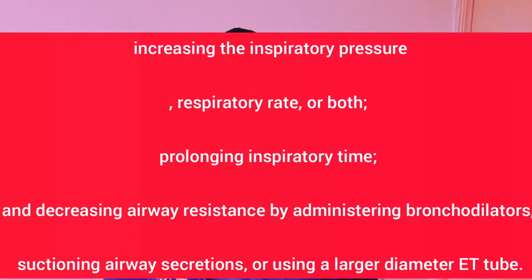In pressure control mode ventilation, interventions to improve ventilation include increasing the inspiratory pressure, respiratory rate, or both, prolonging inspiratory time, and decreasing airway resistance by administering bronchodilators, suctioning airway secretions, or using a larger diameter endotracheal tube.